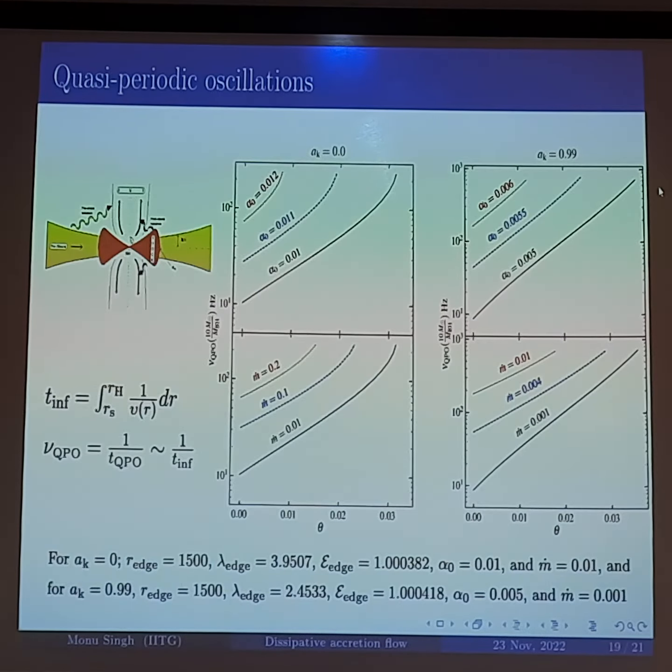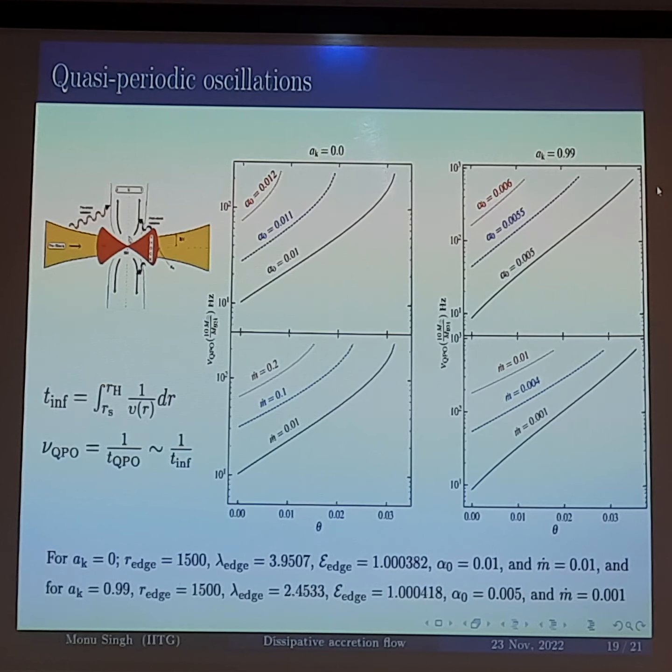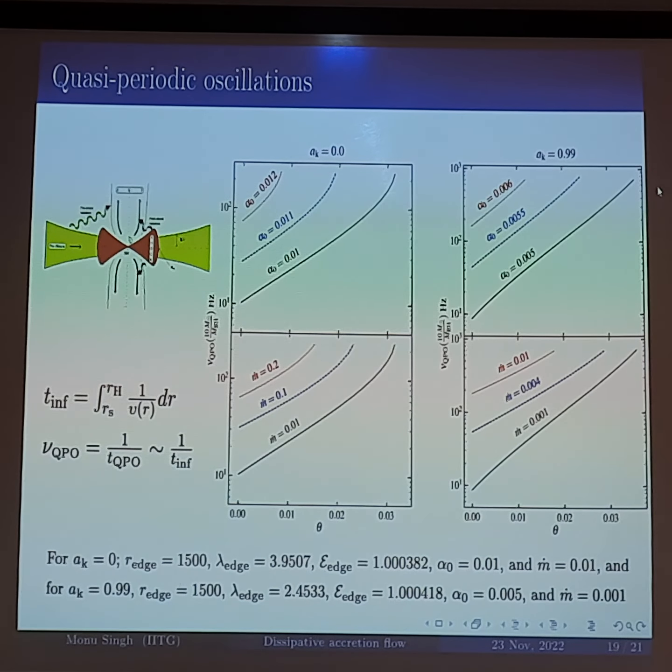Moving on. As earlier told by Professor Santabrata Das, the shock has its importance in determining the frequency of the quasi-periodic oscillation. What is a quasi-periodic oscillation? Let's say we have a source that turns on and off every 5 seconds. If you plot a light curve, there will be a peak after 5 seconds, but it doesn't always come after exactly 5 seconds; sometimes 4 or 3.